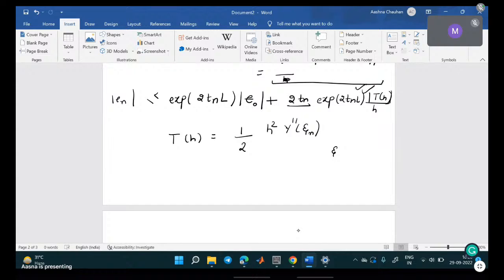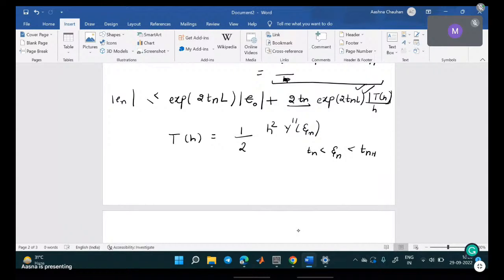Epsilon n lies between Tn minus 1 and Tn. Do you remember this? We have written it with the help of Taylor series expansion. The last time we mentioned it as the last term, Th, and it is 1 upon 2 h square y double dash of epsilon.